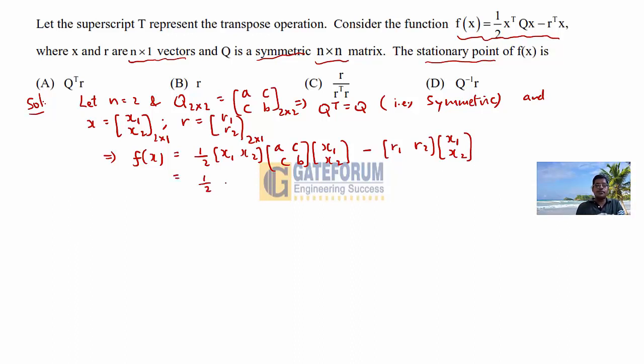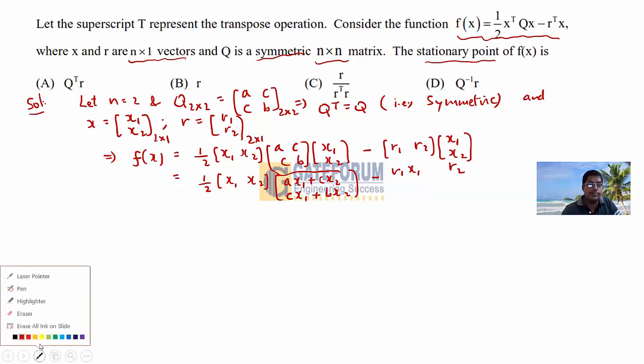This is half times x1, x2 into, I am multiplying first these two. First row into first column gives A x1 plus C x2. Second row into first column gives C x1 plus B x2, minus R1 x1 plus R2 x2. So 1 cross 2 into 2 cross 1 gives 1 cross 1, which is a single element.